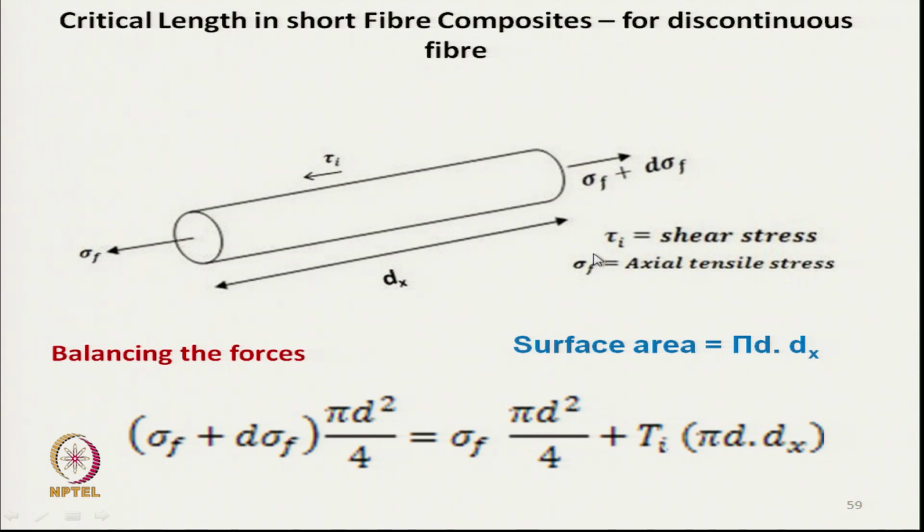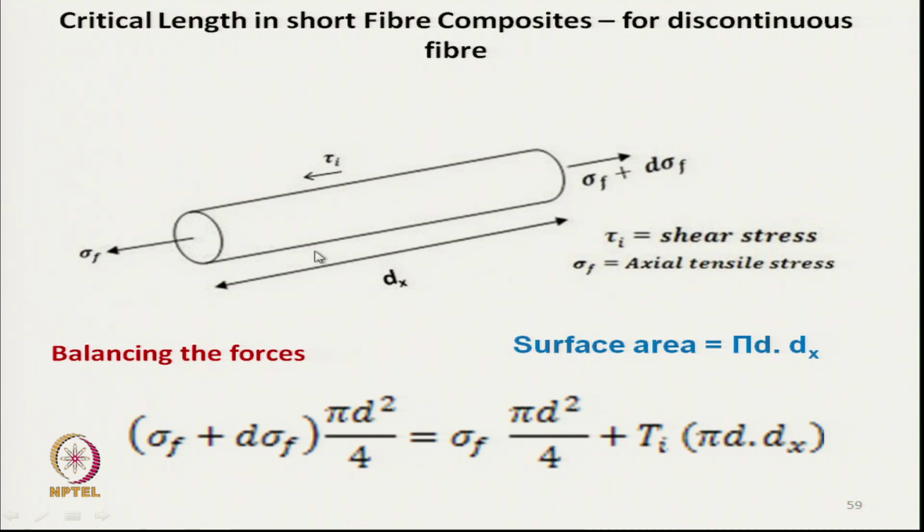So, let us say tau i is the shear stress and sigma f is the axial tensile stress on fiber.